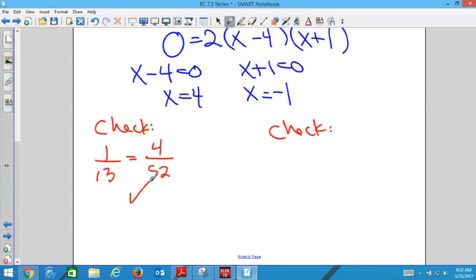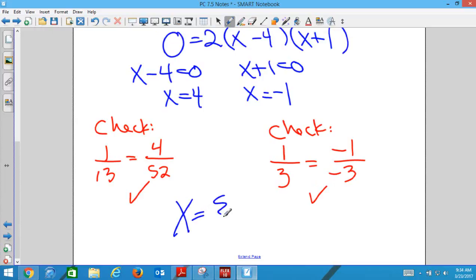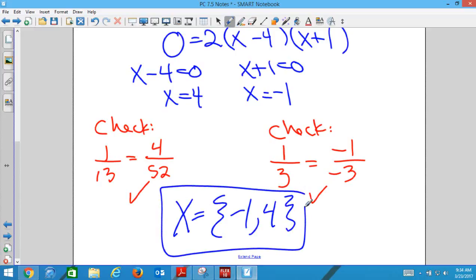And that does check. On the other side, I'm going to plug in -1: 1 over 2 times -1, that's -2 plus 5, 3, and that equals -1 over -11 plus 8, which is -3, and that reduces to 1/3. So these are the answers. Remember, when we have more than one answer, you can write them in fancy brackets as a set of solutions.